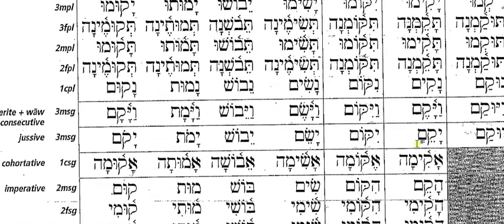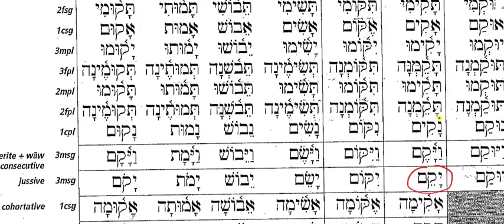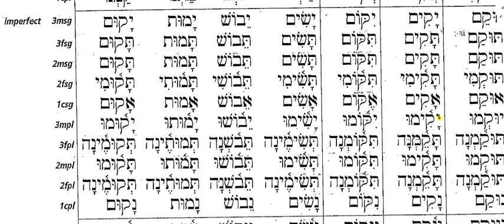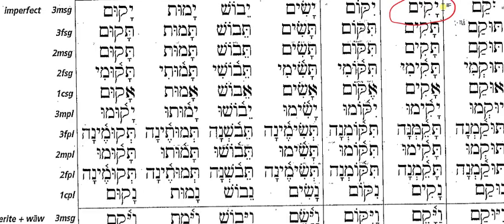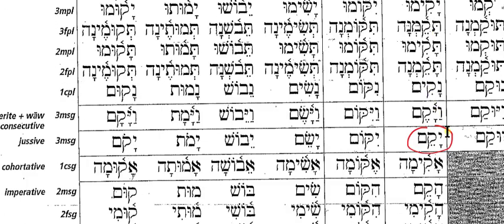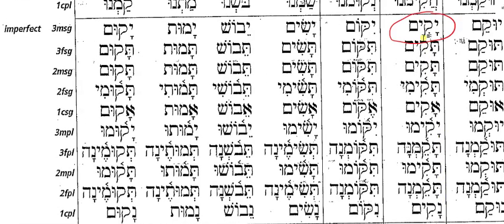Look at your jussive, which is right here, yakem, and look at your imperfect, which is yakim. You see the difference between those two? He will cause to rise in the hifil, and yakem, let him cause to rise. We have a tsere, we have a cheerik yod.